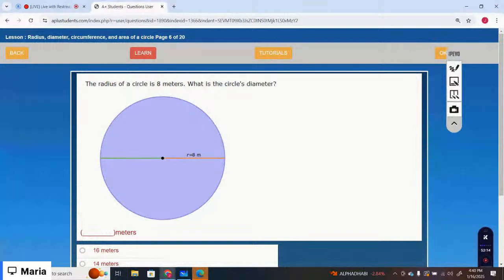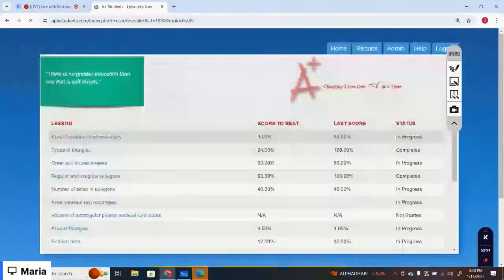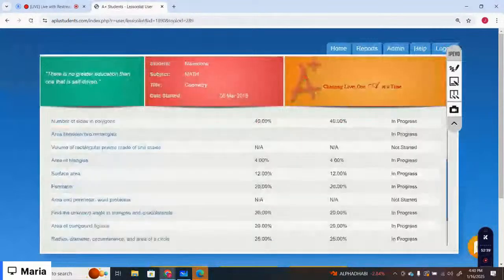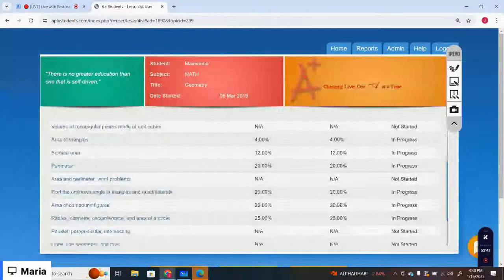We are working on grade 5 math. The chapter we're working on is geometry. The lessons we have covered today are perimeter, find the unknown angles in triangles and quadrilaterals, area of compound figures, radius, diameter, circumference, and area of a circle.